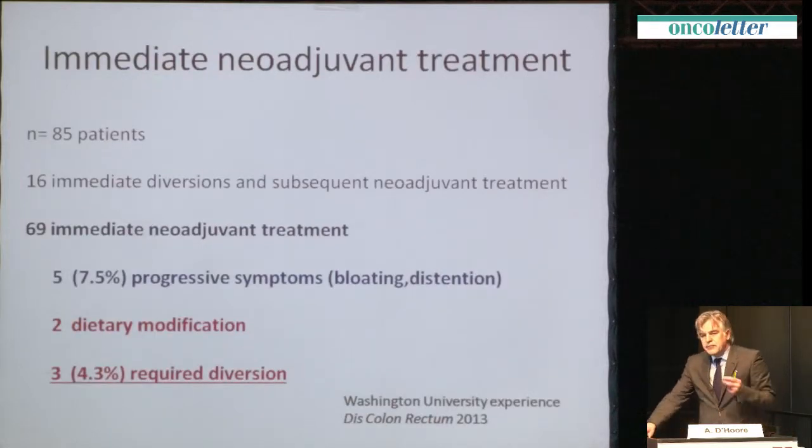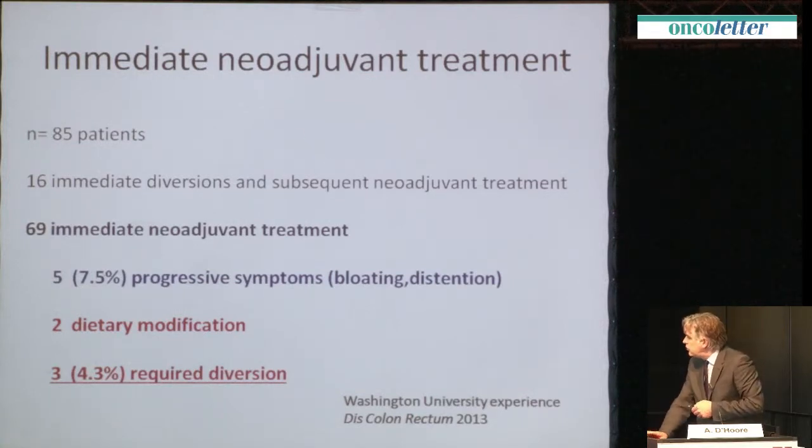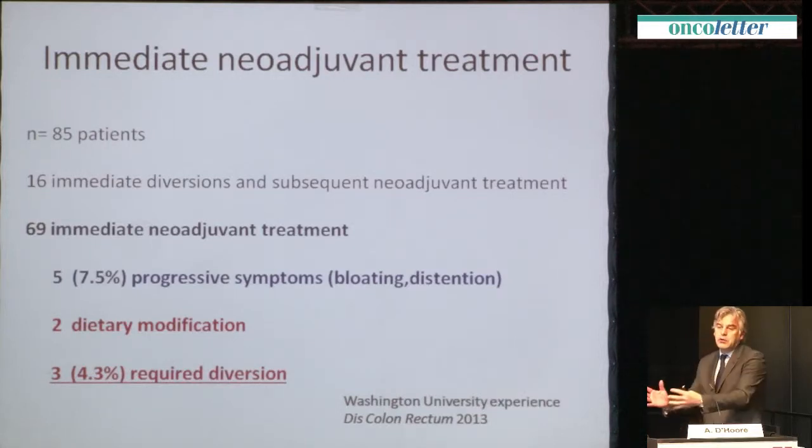And then to end, maybe in a majority of patients, even with complaints of obstruction, we can opt for neoadjuvant treatment. And this is the Washington University experience, recently quoted here in 2013. They had 85 patients, and 16 were really in full occlusion. Those patients you need to do a staged procedure.